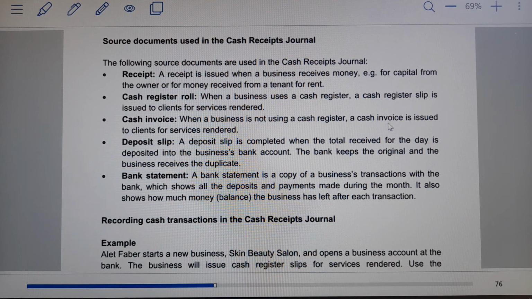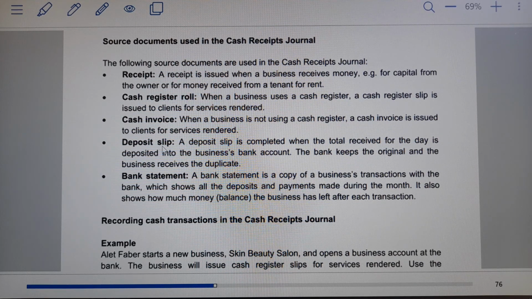So if it's the cash invoice, your source document is the invoice. And if the cash register slip is issued, it means your source document is the cash register roll. And if a receipt is issued, then your source document is a receipt, okay.